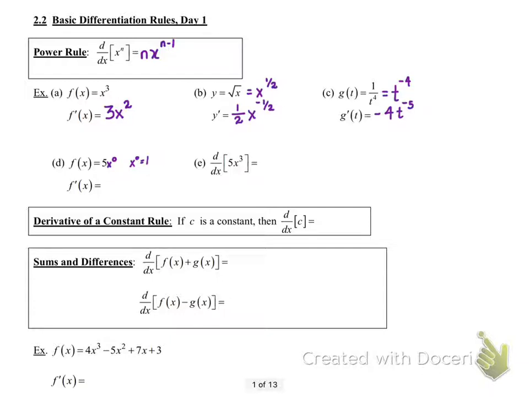Okay, so here we bring down the power and multiply it by whatever's left. That's just 0. Next one, bring down the power, multiply it by what's in front. We get 15x squared. Beautiful. The derivative of a constant will always be 0.